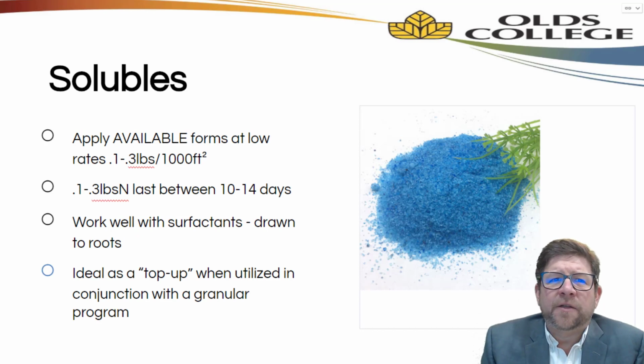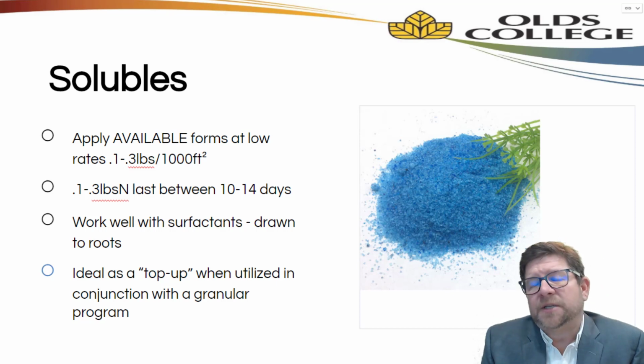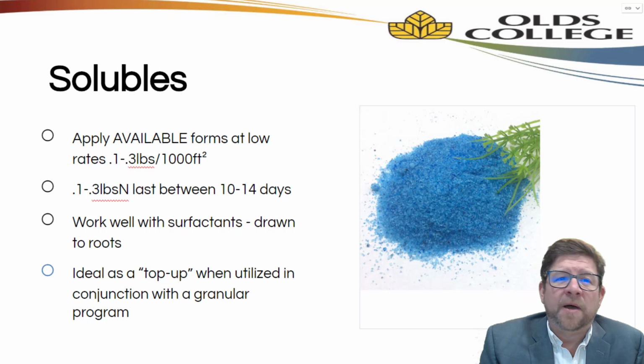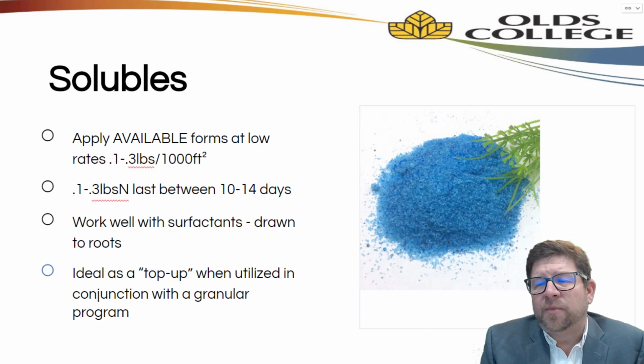Now, solubles are another type of fertilizer that we apply through our sprayer. Solubles are essentially just granulars. All we do is melt them, or at least that's what it's commonly referred to, in our sprayers and application tanks. So we would typically apply a soluble at very low rates, between 1 and a third of a pound, being the maximum available nitrogen a plant could take up at once.